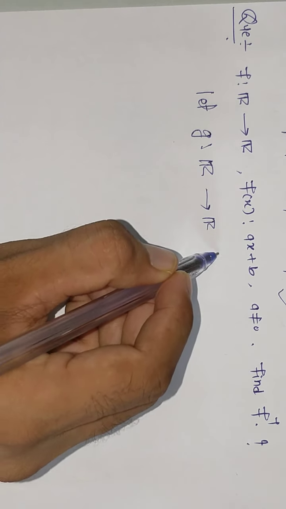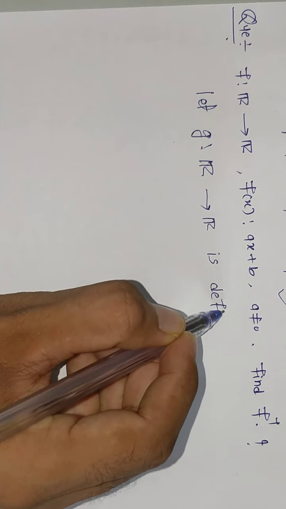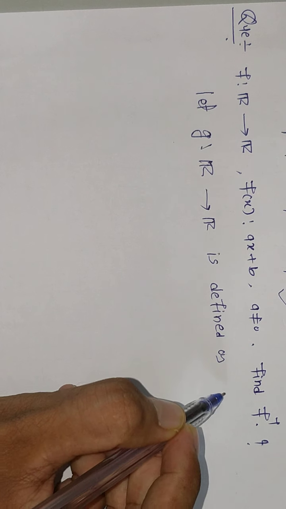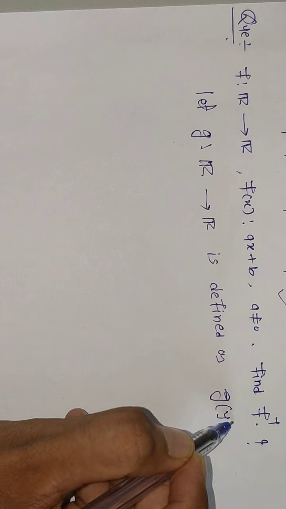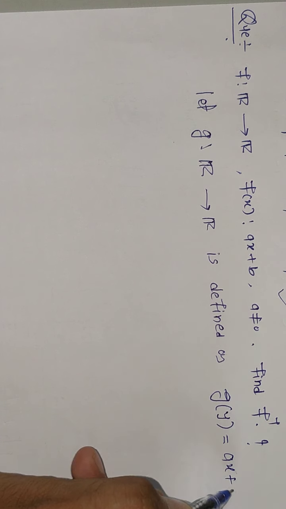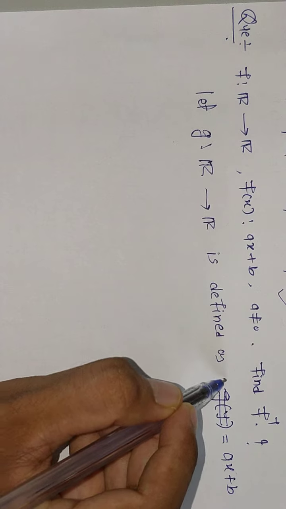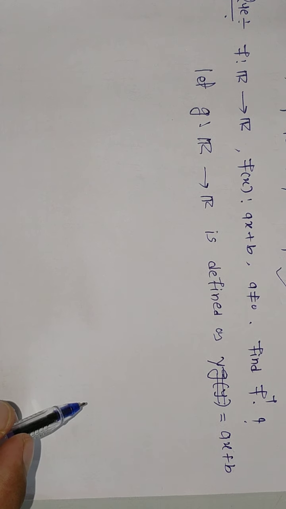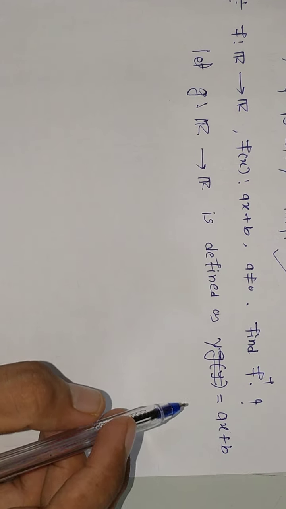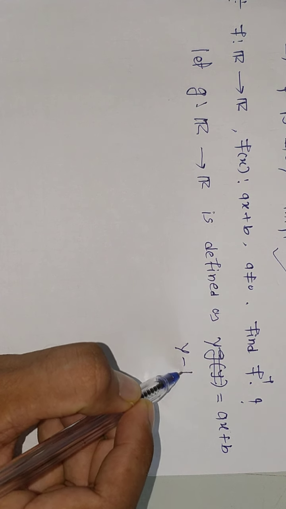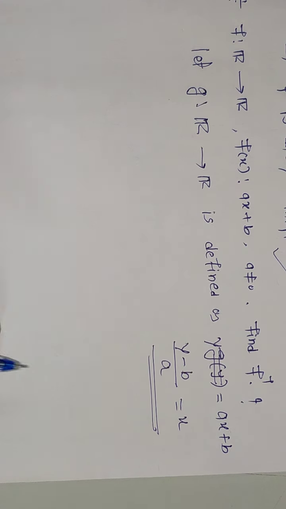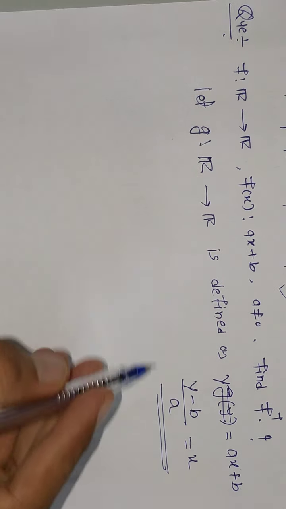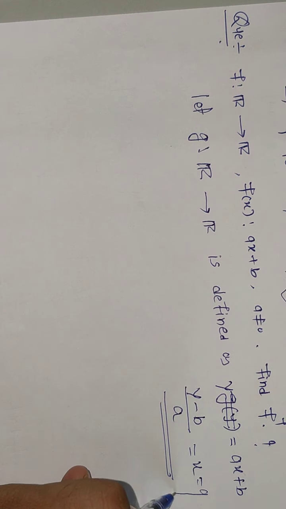Define y equals ax plus b. Now solve for x from this, so I get (y minus b) upon a equals x. This is the definition of g, this is g of y.